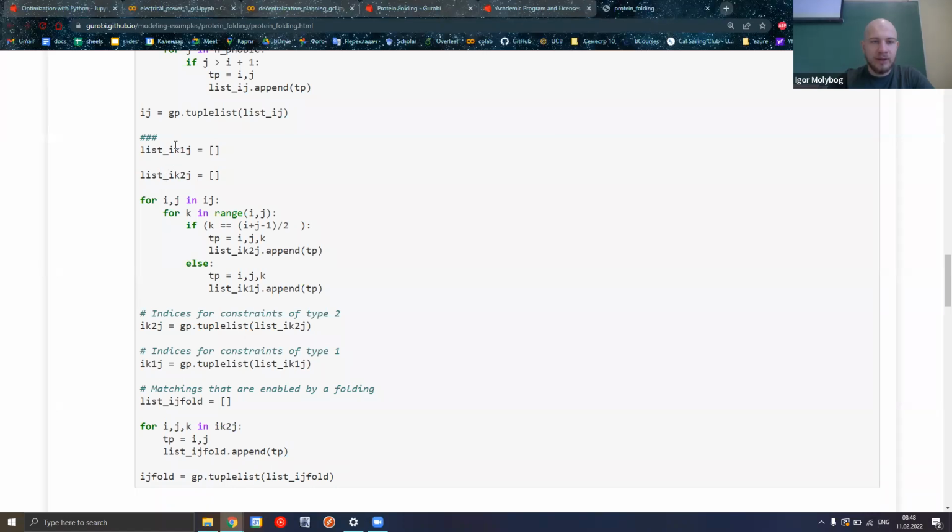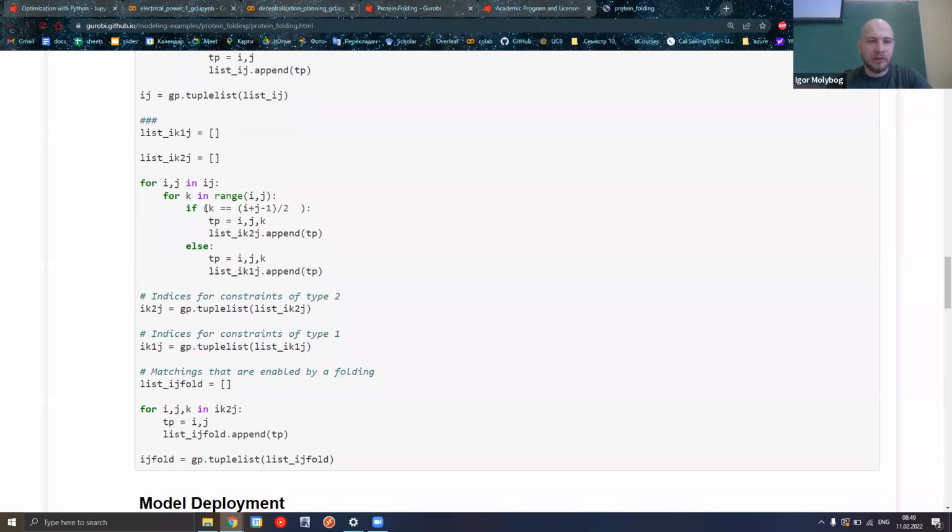Now we create two additional lists in which we're going to be putting all of the indices that either are in between, so okay. List ik1j is going to be the list of the locations in the middle between the two points I and j, and the list ik2j is going to be the other way around.